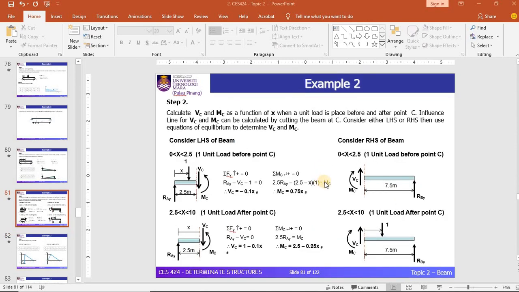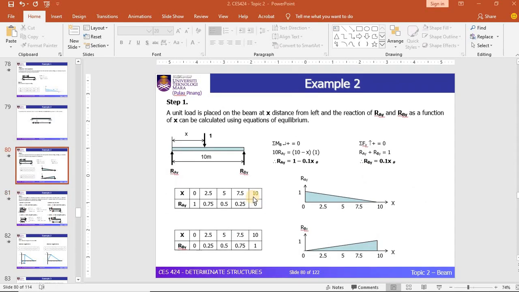So let's focus on the second step, where we can develop the equation of moment and shear force. The important thing that you need to know in this particular method is to identify the correct diagram.